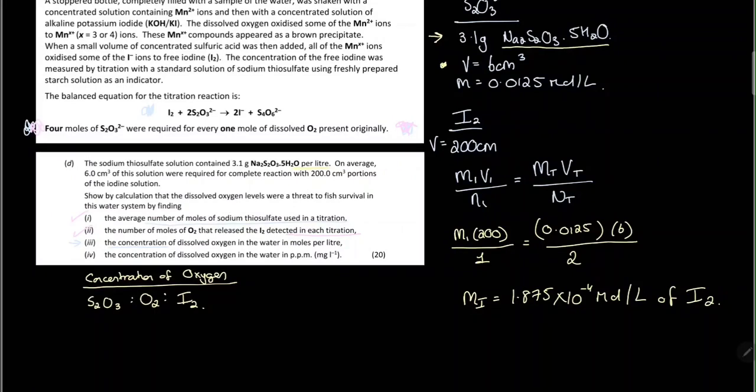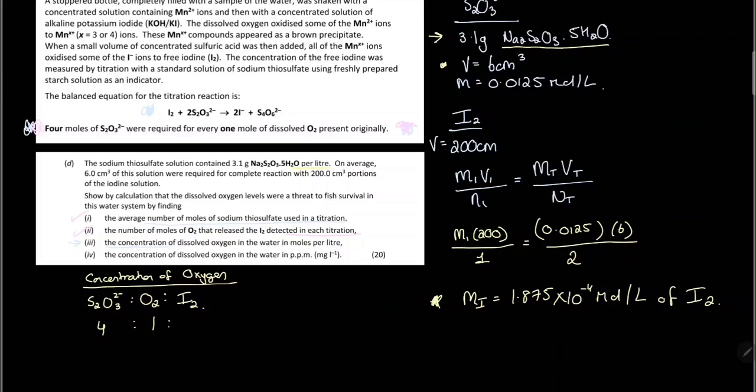So if we look over here now at the concentrations of oxygen, these are the ratios that we're given. We're told that 4 moles of the sodium thiosulfate reacts with 1 mole of oxygen. We need to figure out how many moles, in terms of the ratio, relates to this iodine that we've just figured out.